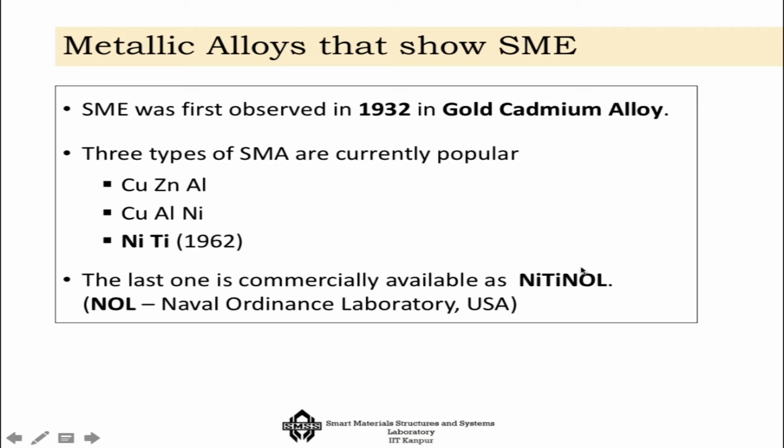In fact, the Naval Ordnance Laboratory discovered it, so their name goes with it, and it is popularly known as nitinol today. It is a particular ratio of about 45 to 55% of nickel and titanium which makes this nitinol material, and it shows a very large shape memory effect.